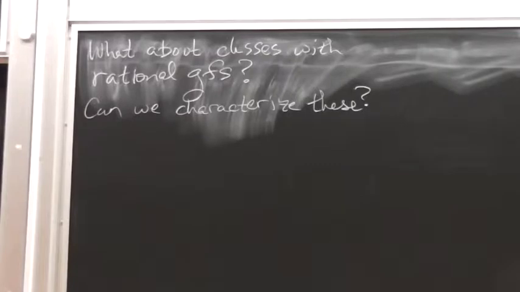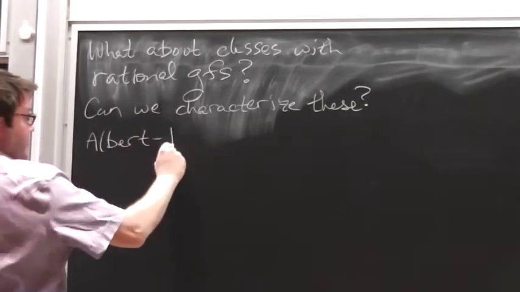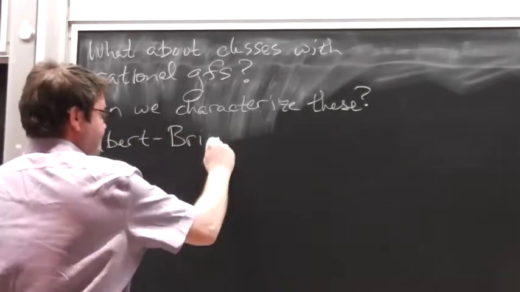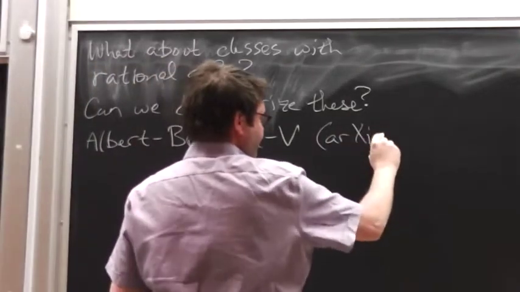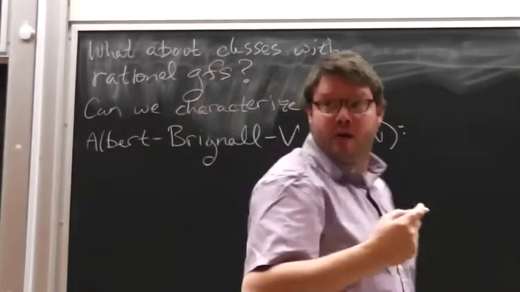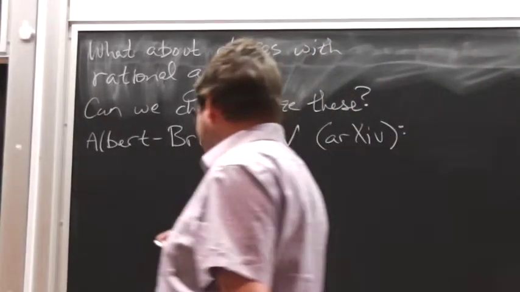Well, another result that Tyrone isn't going to like, this is joint with Michael Albert and Robert Brignall, and right now it's on the archive. Take any permutation class you want. I can embed it in a permutation class that has a rational generating function.